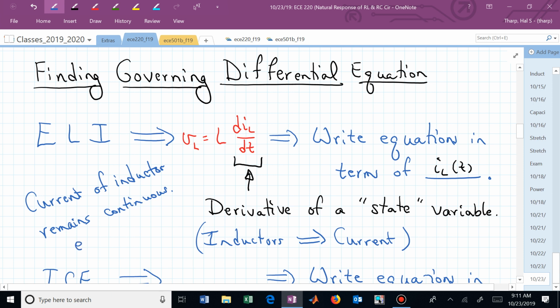For example, if we had some switch happening at time 0, we could still say that the current of that inductor right before the switch happened, which we will label 0 minus, that's to the left of time 0, isn't going to change across 0 and on the other side of 0, which we call 0 plus.